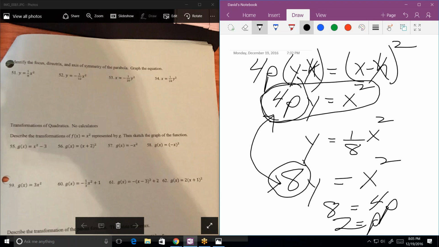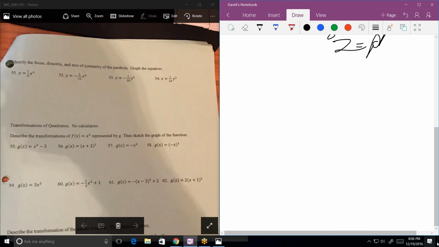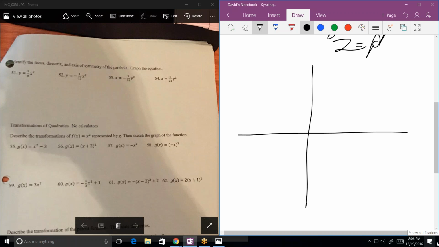Now the focus, directrix, and axis of symmetry. Well, let's look at this. We know p is 2, and we know it's vertical. We also know it's relatively flat and its origin is the vertex, right?